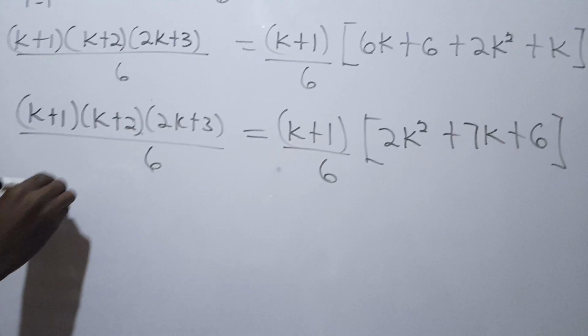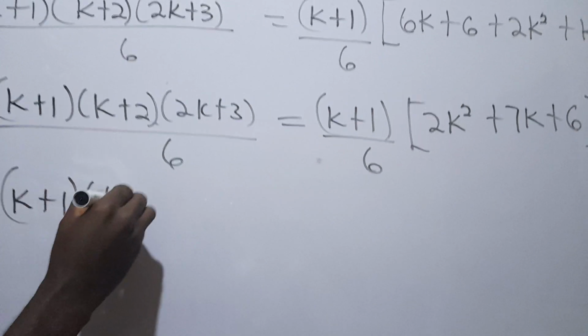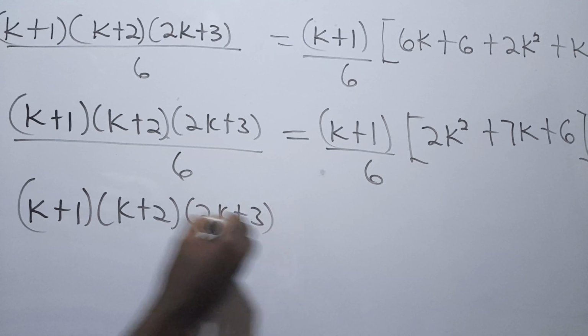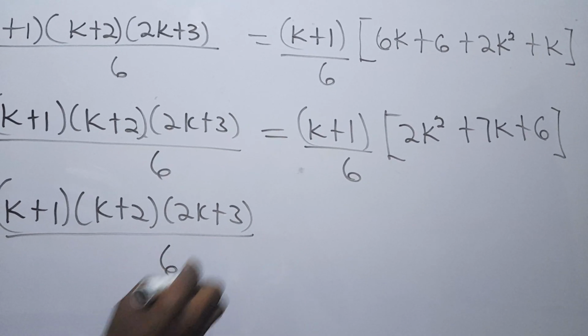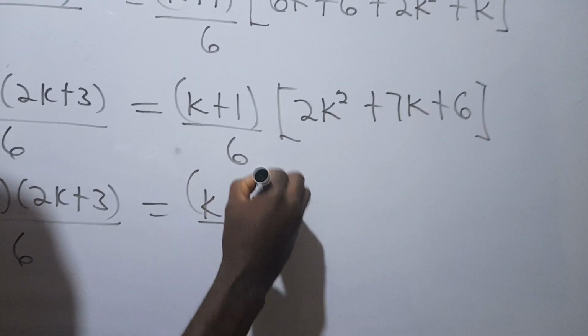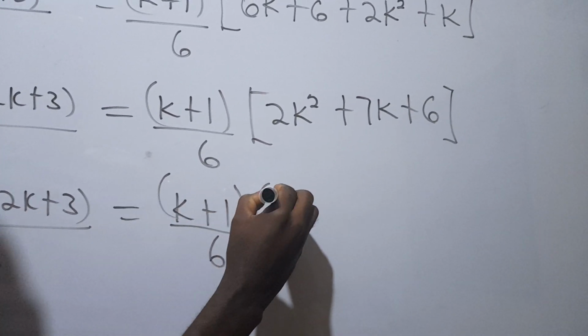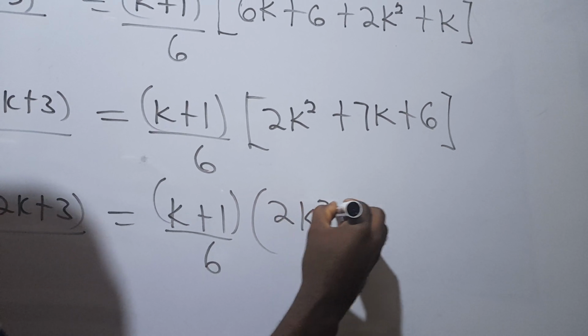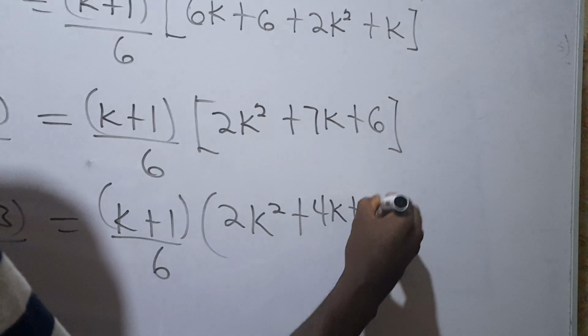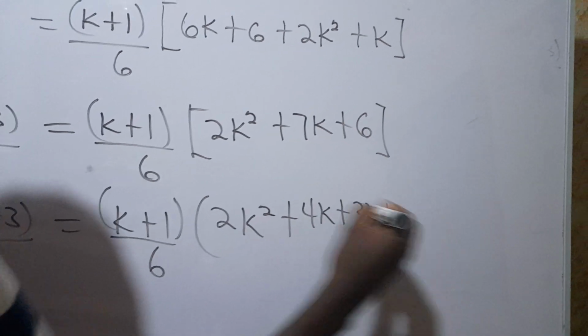So we have (k plus 1)(k plus 2)(2k plus 3) all over 6 should be equal to (k plus 1) over 6, then 2k squared plus 4k plus 3k plus 6.